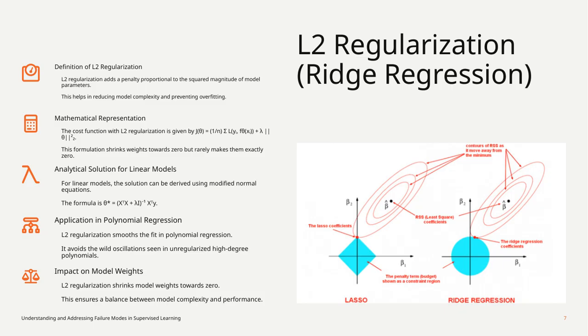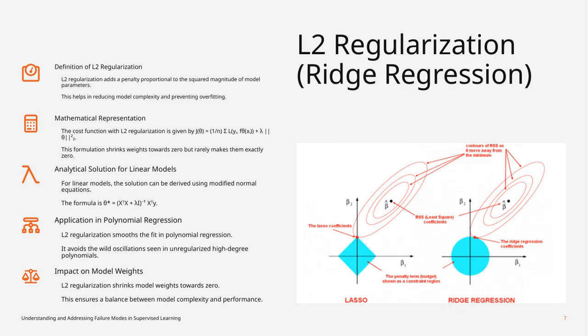When applying L2 regularization in polynomial regression, it acts as a smoothing factor. Instead of allowing the model to wildly oscillate, especially with high-degree polynomials, it encourages a smoother, more stable fit. This results in a model that captures the underlying trend without chasing every little fluctuation in the data.